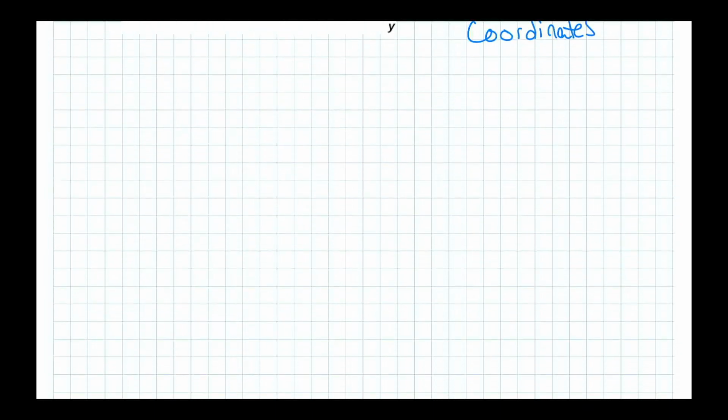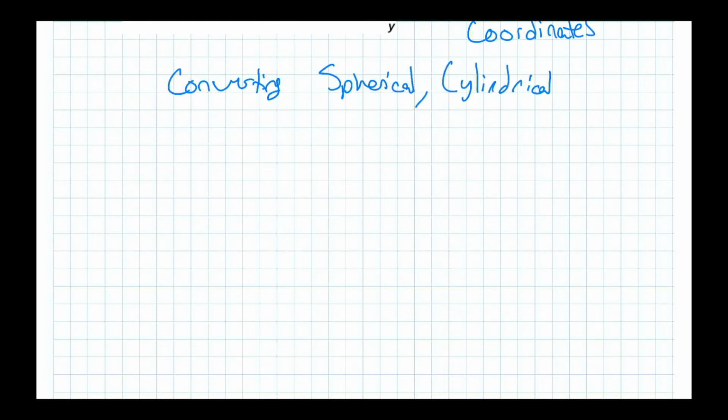Okay, so those are kind of the restrictions on those. The conversions between rectangular and spherical and cylindrical, there's more conversions, and it's a little bit trickier to do. But it's the same game, right, as before. So let's say converting spherical, cylindrical, rectangular.